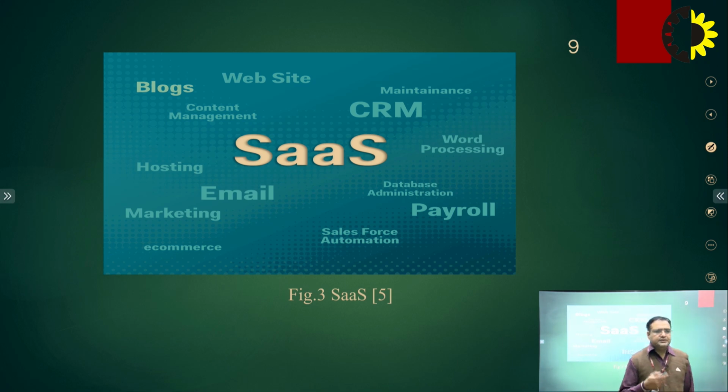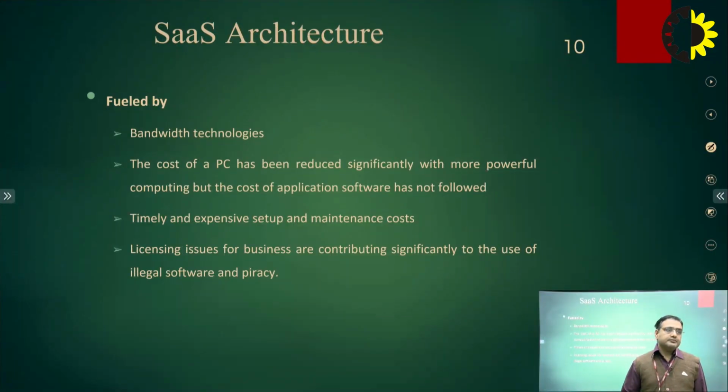Each and every person in the world is connected or using cloud-based software as a service. It is the main important role of the internet to get all the services of cloud-based applications. SaaS architecture is fueled by bandwidth and technologies.